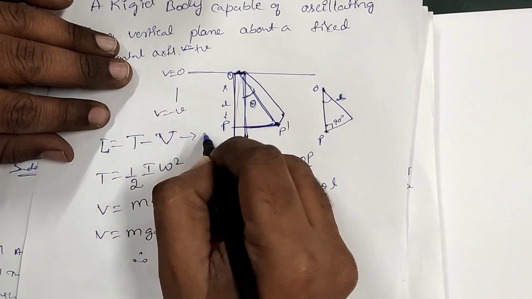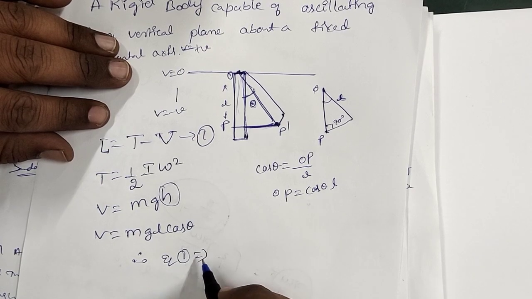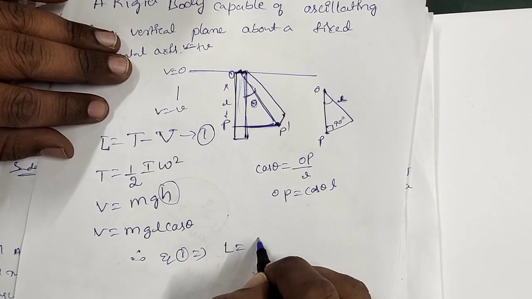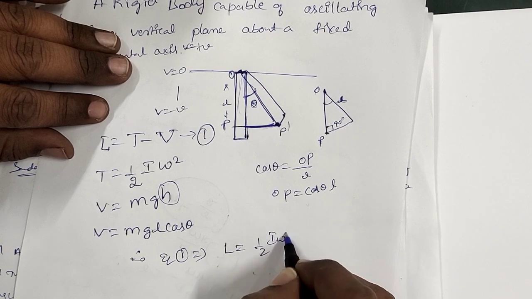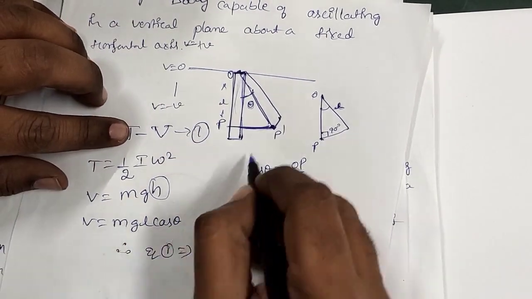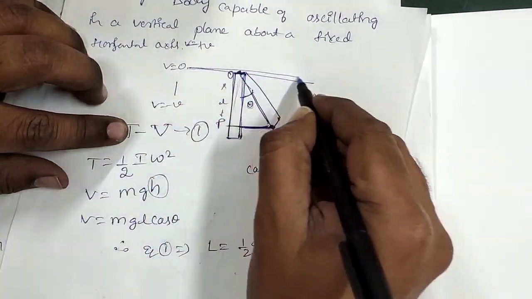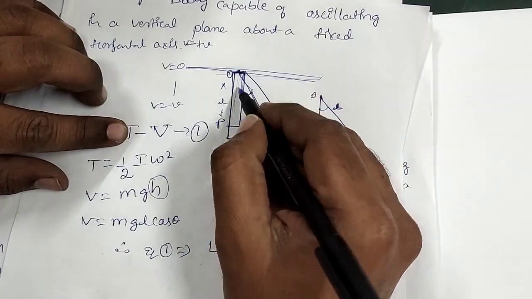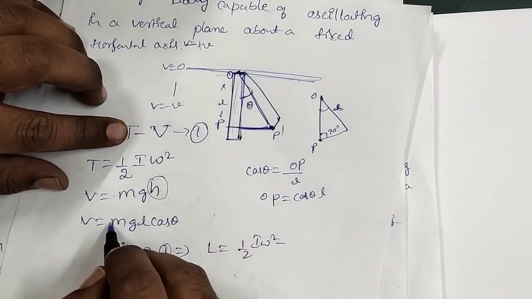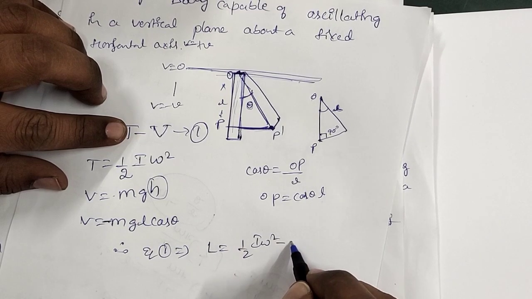Therefore equation 1 becomes L is equal to half I omega square minus the potential energy. This is below the reference axis, so we can assume it as the negative y axis, so the potential is negative, minus mgl.